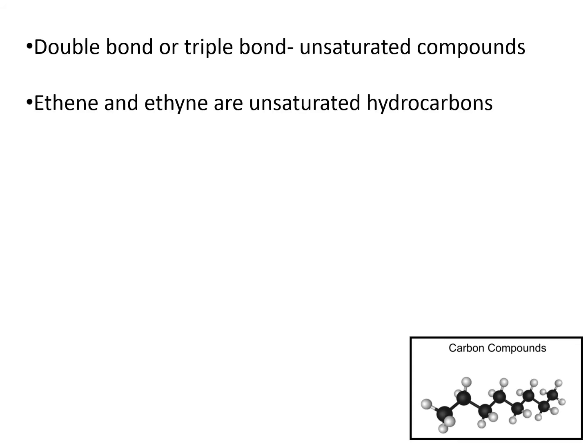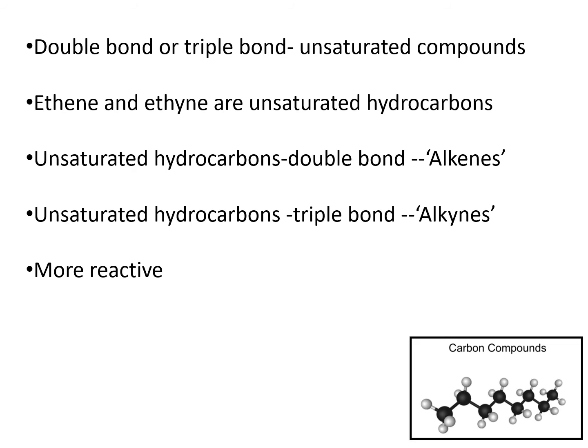When there is a double bond or triple bond in a carbon chain, they are generally unsaturated compounds. Ethene and ethyne, as we saw in the previous slides, are unsaturated hydrocarbons. So we already saw that if it is a single bond, it is a saturated hydrocarbon, and if there is a double or a triple bond, then it is generally an unsaturated compound.